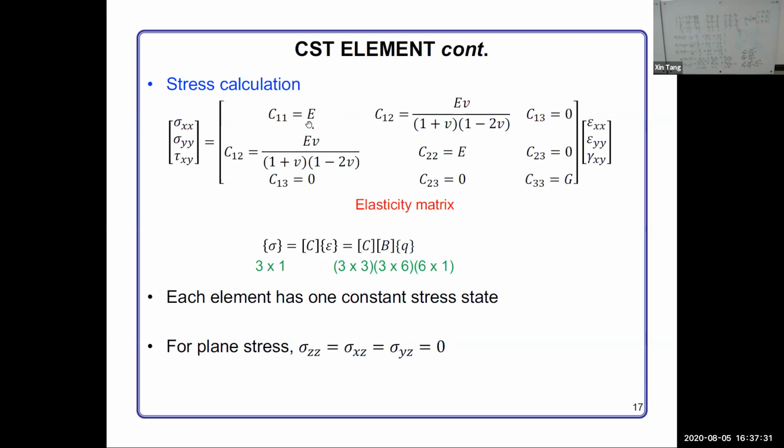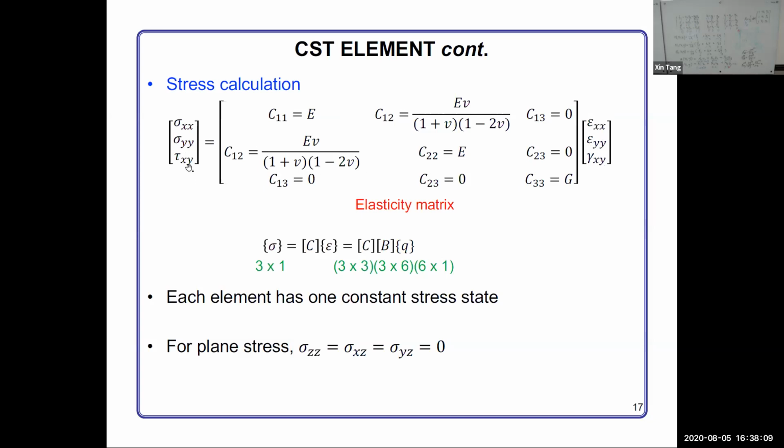Now, sigma xx equals C11 times epsilon xx, plus C12 times epsilon yy, plus C13 times epsilon xy. In fact, that is Hooke's law. Sigma yy equals C12 times epsilon xx, plus C22 times epsilon yy, plus C23 times gamma xy.